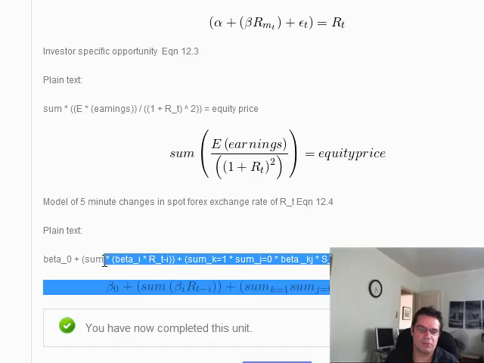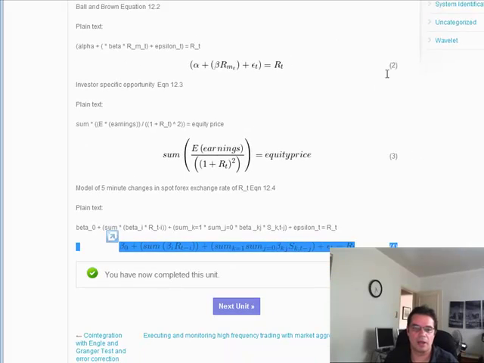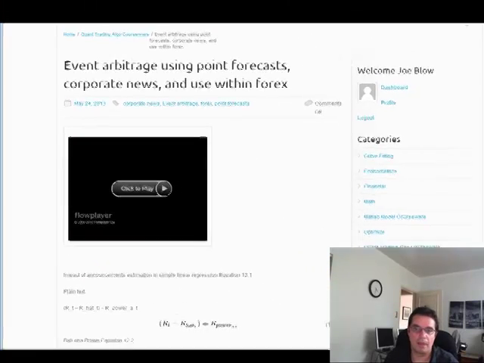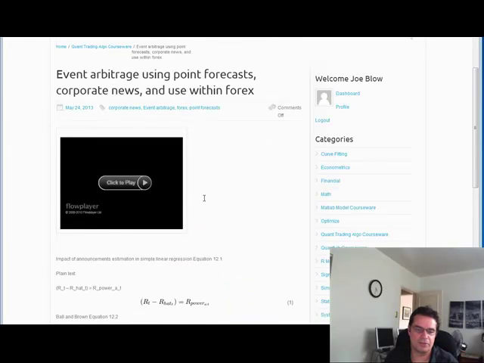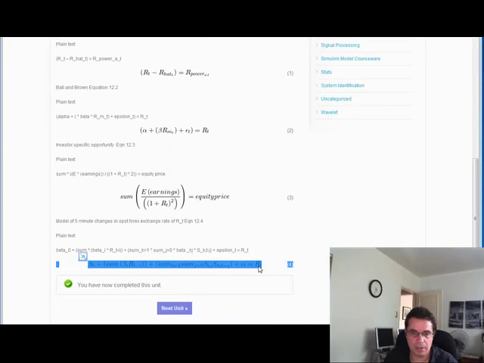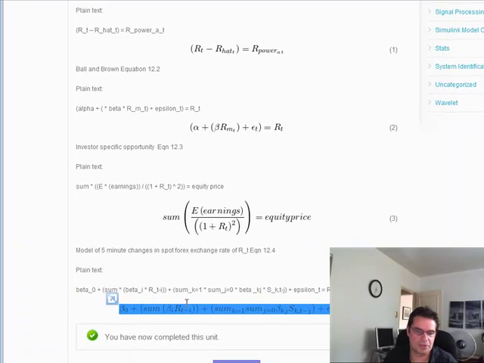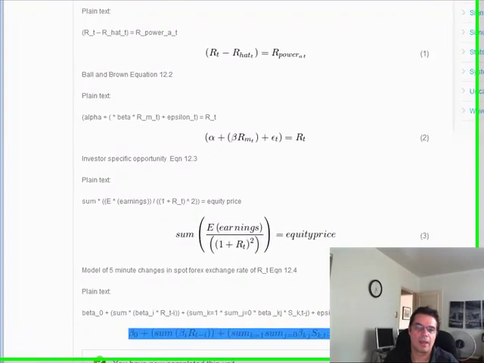That is a really powerful advantage, I think, and I've done that. And you can also do this on an application on your iPad. There's a special application that does that.